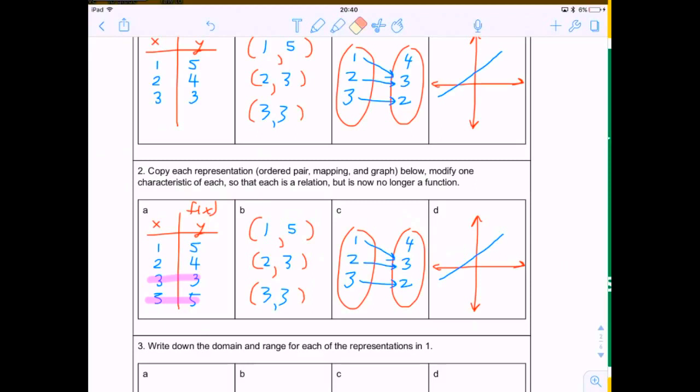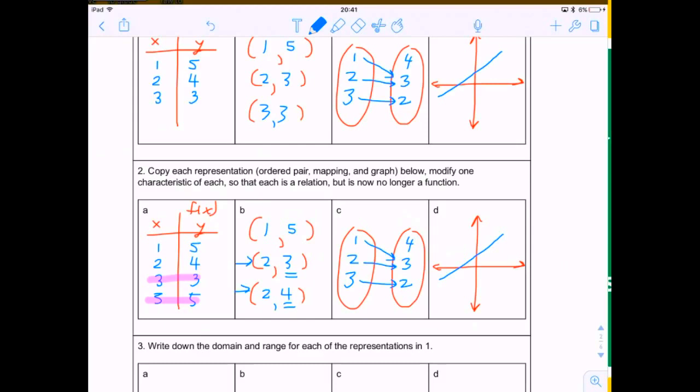For this one in B, the ordered pairs, I could have 2 pointing not only to 3, but I could point him also at 4. Okay, so I have 2 pointing to 3. I also have 2 pointing to 4.